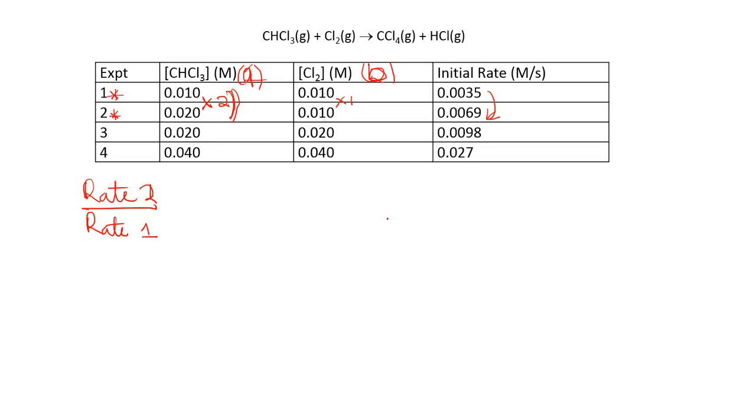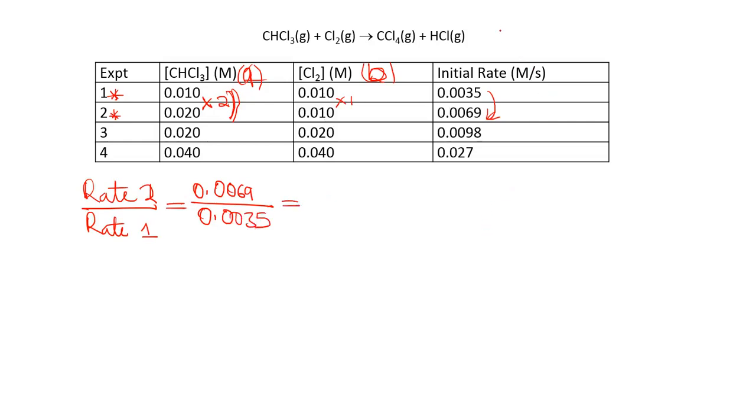So we divide the two rates. When you divide the two rates, what you are doing is dividing these two: 0.0069 divided by 0.0035. So you have divided the two rates.